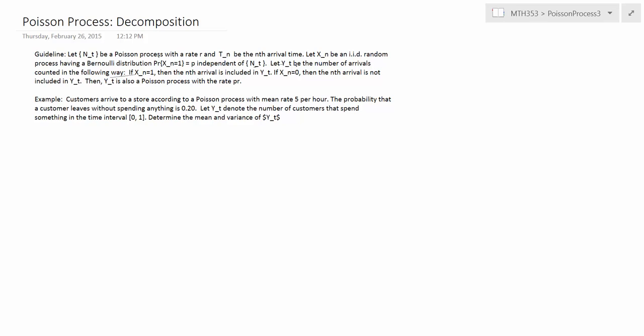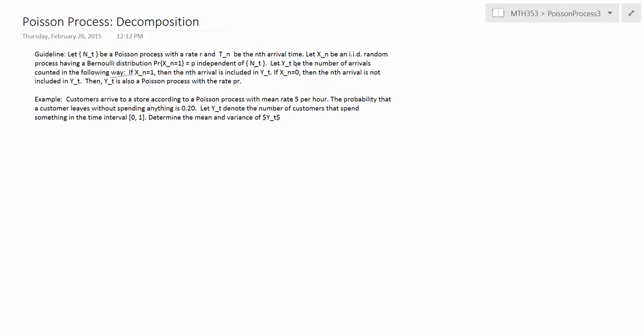Now think of this like the following experiment. If you have customers coming to a store, and whether or not to count the customer as an arrival, you flip an unfair coin. If the coin shows heads, then you count the customer as an arrival. If it shows tails, then it's not counted.